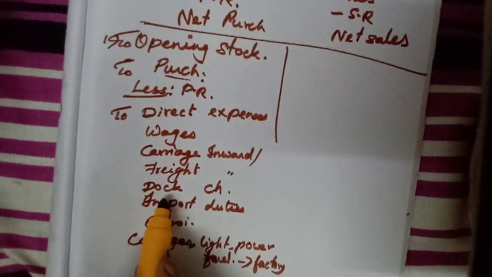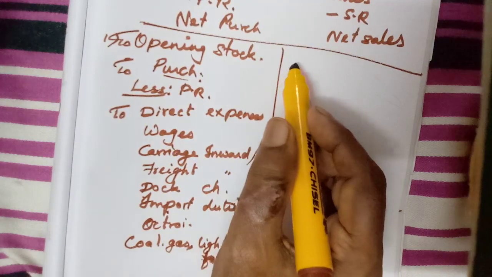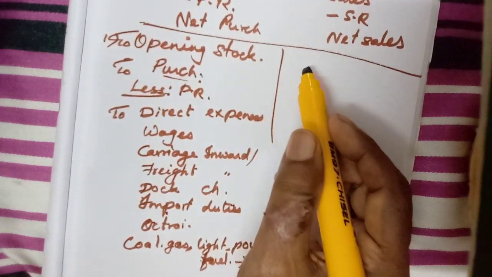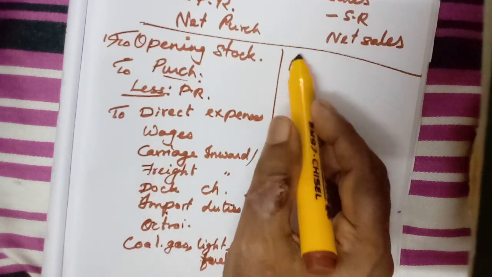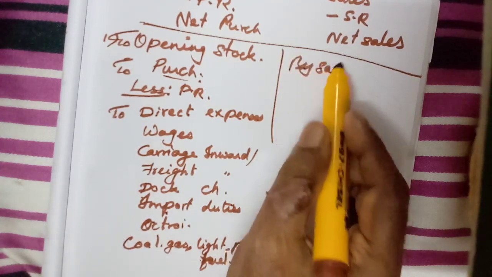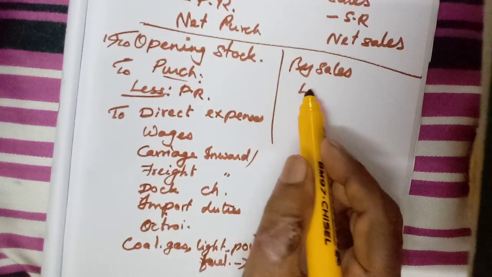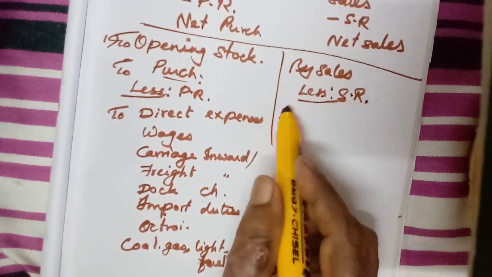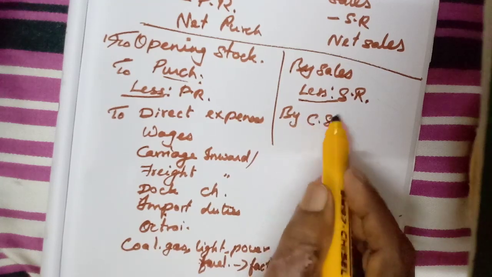Then on the credit side, on the right side of the page, we need to write by sales. Then we need to deduct the sales returns. Then by closing stock.